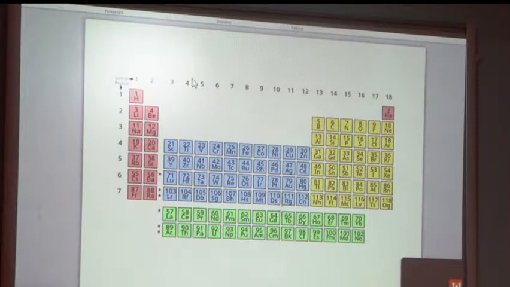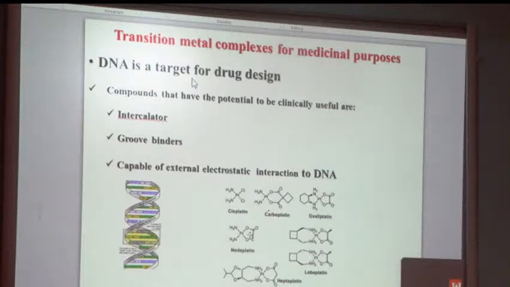Now, in the previous case, you see the coordination compound formed is using platinum. These anti-cancer agents, even if they cure to some extent, cause problems, side effects in the patients.